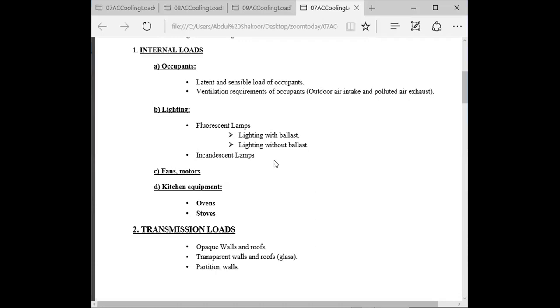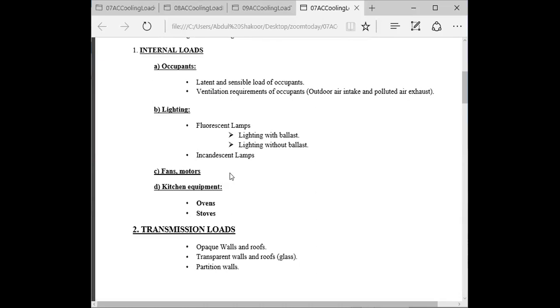They are filament type lamps. They consume a lot of energy, so their production has been banned. Fluorescent lamps and miniature fluorescent lamps, which we call energy savers, are most popular these days. They consume less energy, nonetheless, lighting load constitutes a considerable part of cooling load. We should know how to calculate this.